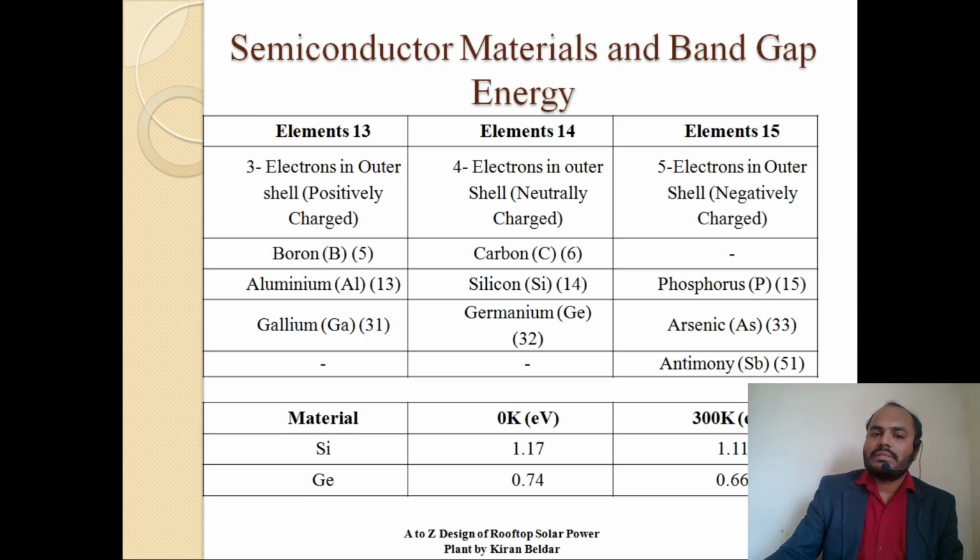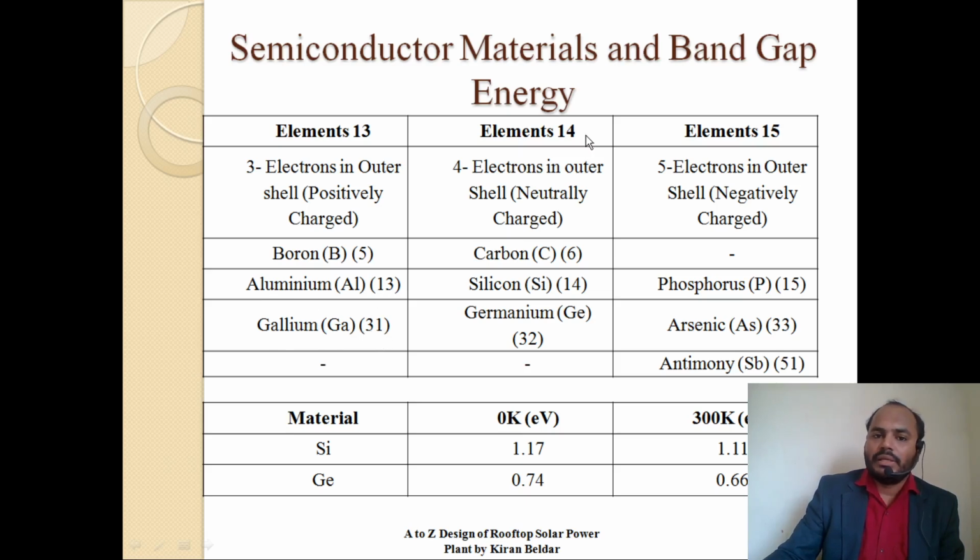When 1 electron is added, that is 5 electrons, the atom has a negative charge. When 3 electrons are there, that is 4 minus 1, it is positively charged. Now see group 13: boron has atomic number 5, aluminum has atomic number 13, and gallium has atomic number 31.